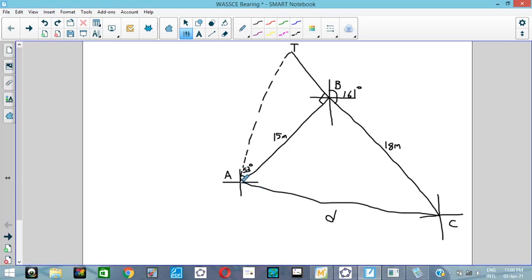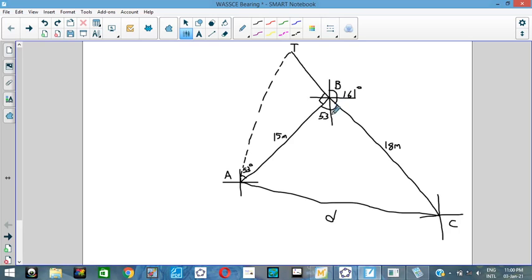So this is point A, move to B, and the bearing of B from A is 53. So this angle here is still going to be 53 degrees. That is alternate angle. Take note of that. Then this is 161 degrees and south is 180, so we need to get this angle.